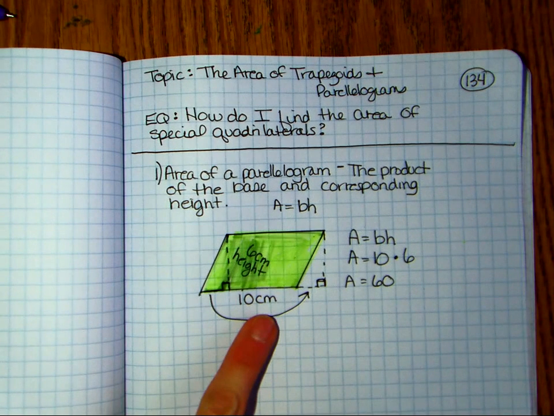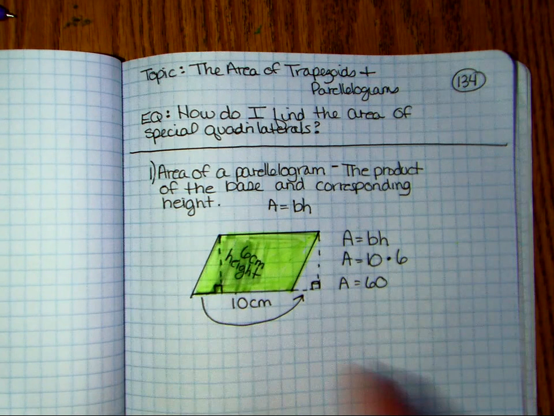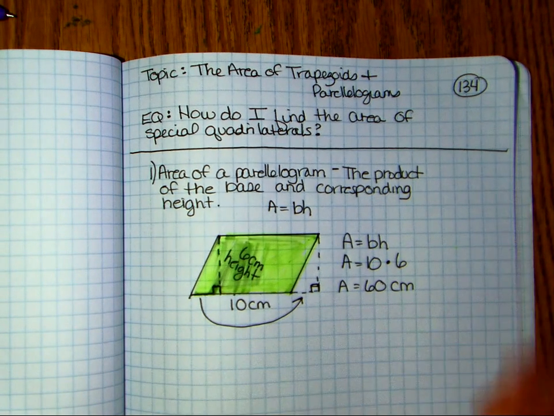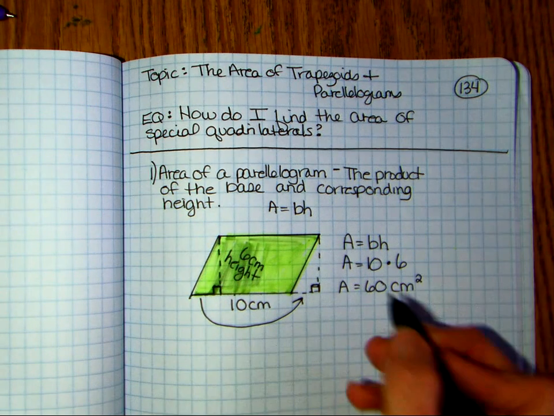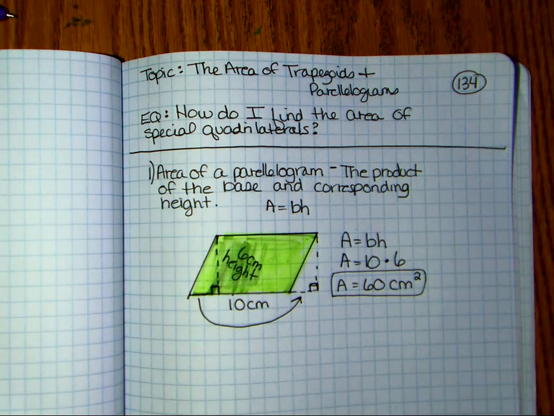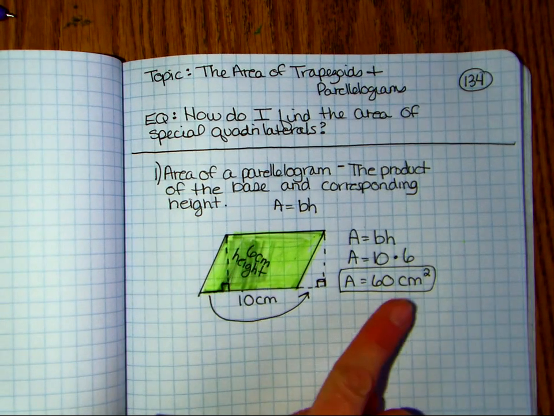What is our unit, class? Centimeters. Good. And it's not just centimeters, it's centimeters squared because we're talking area. And that's all you have to do. So the space inside this parallelogram is 60 centimeters squared.